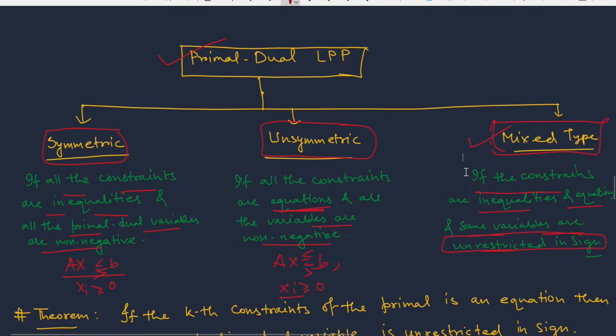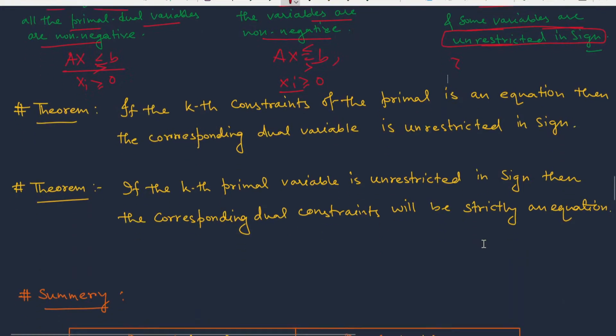Unrestricted in sign means xi greater than or equal to 0 or not is not specified for that variable, okay. We don't know whether the variable satisfies the non-negativity condition or not, okay. In that case we say that the variable is unrestricted in sign, okay.